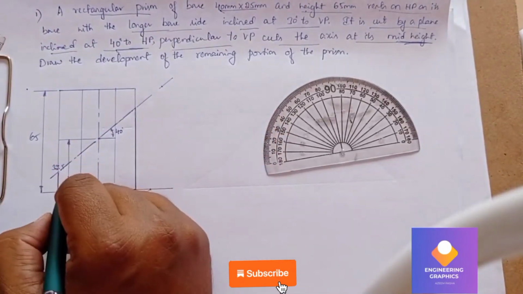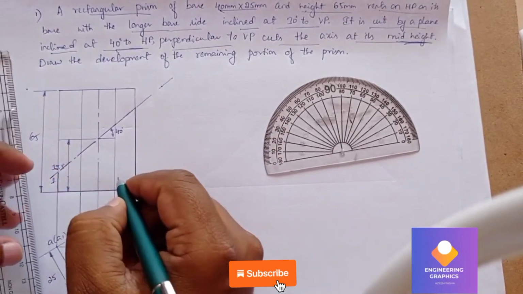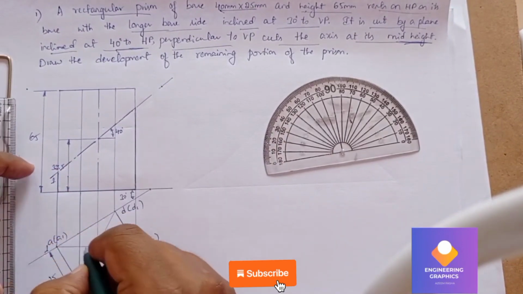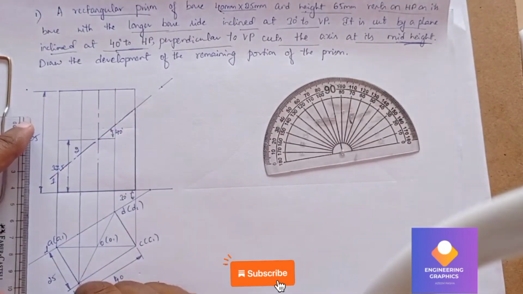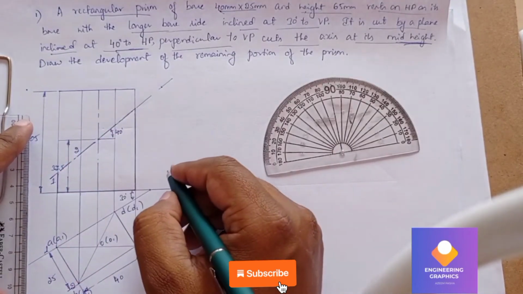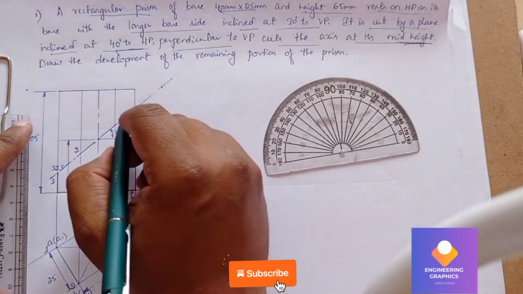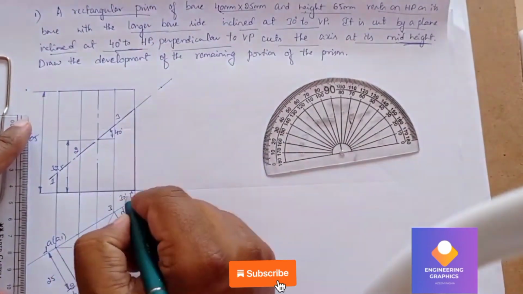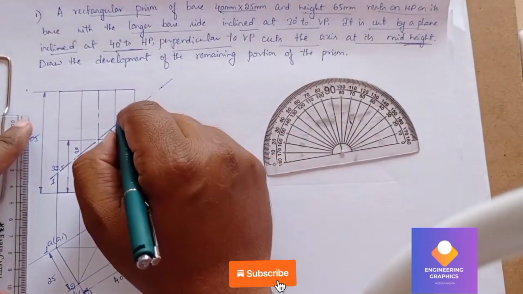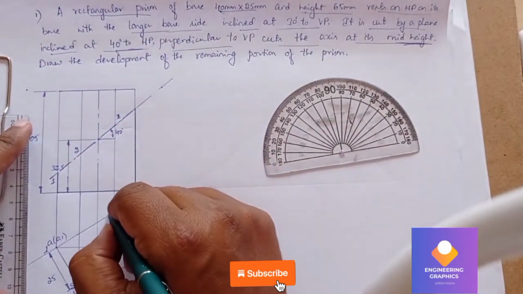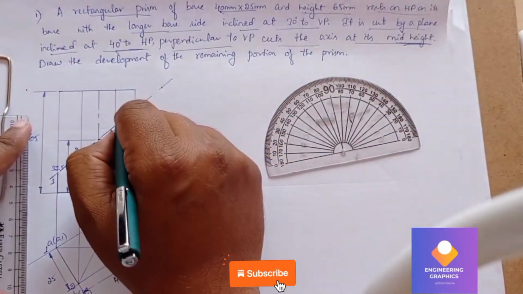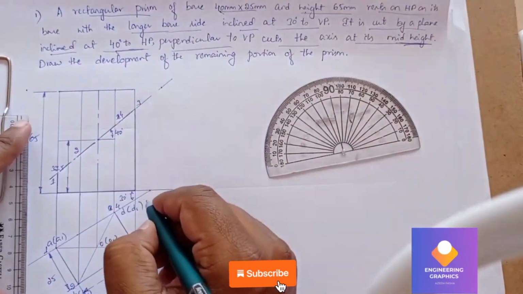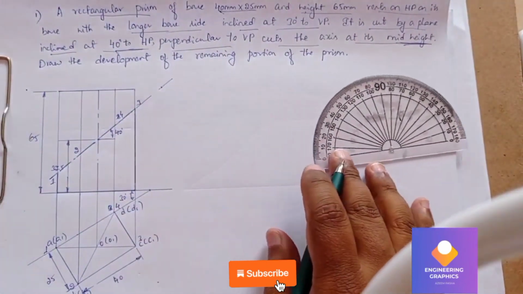Now we need to mark the numbers here for the cut plane. 1 is occurring at A, and 2 is occurring at B. So 3 is occurring at point C, cutting at C, and 4 is occurring at D, and then 5 we have.